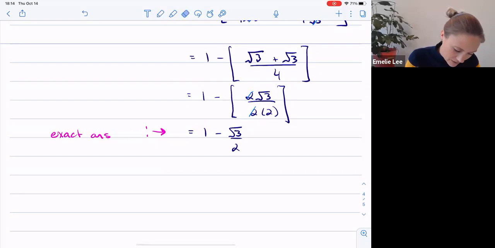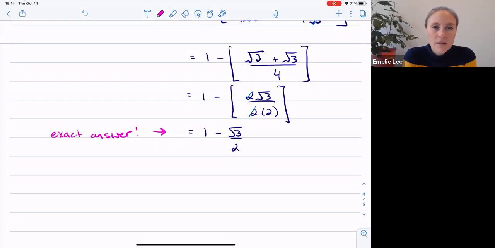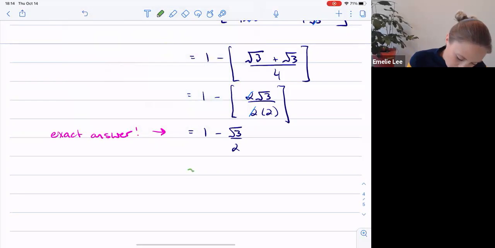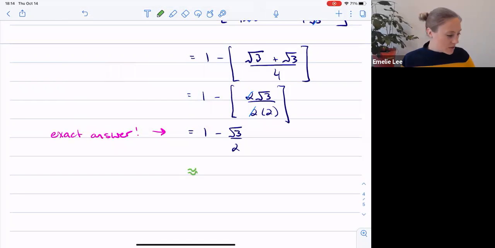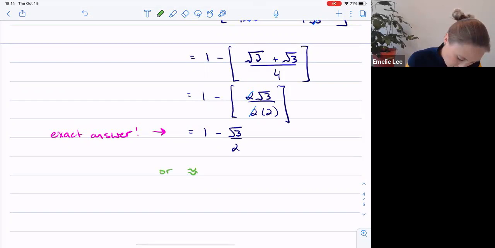Maybe make it look like I wrote answer. Not sure what it looked like. There. Okay. The approximation here, if I am dealing with decimals, I have it here, or approximately 0.1339745962.